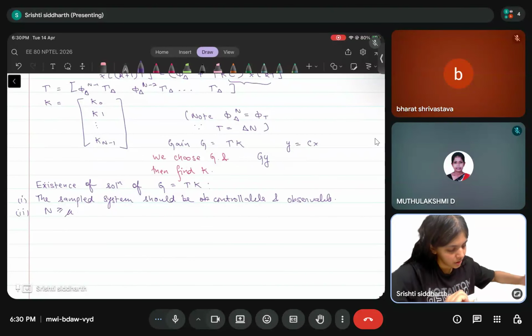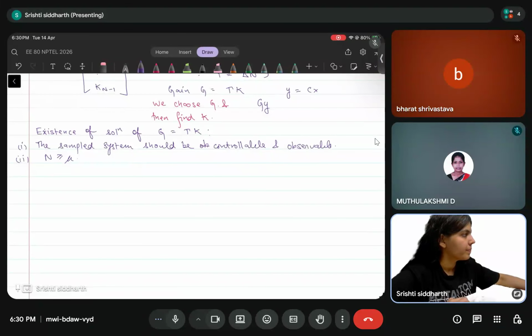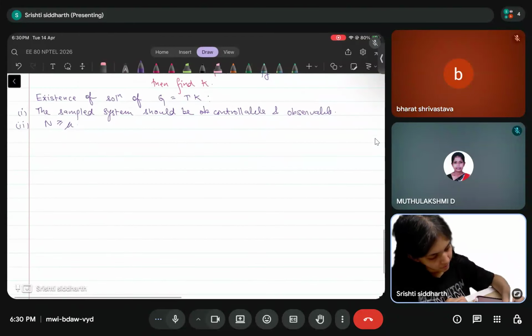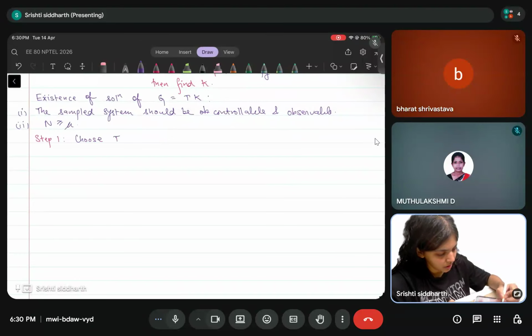Okay, so what are the steps? So revision. Step 1 is choose T. So either choose T or maybe T is given in the question.